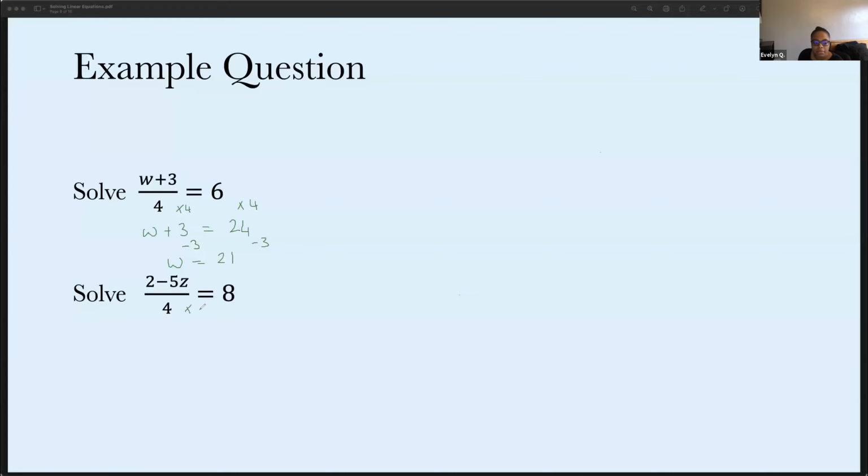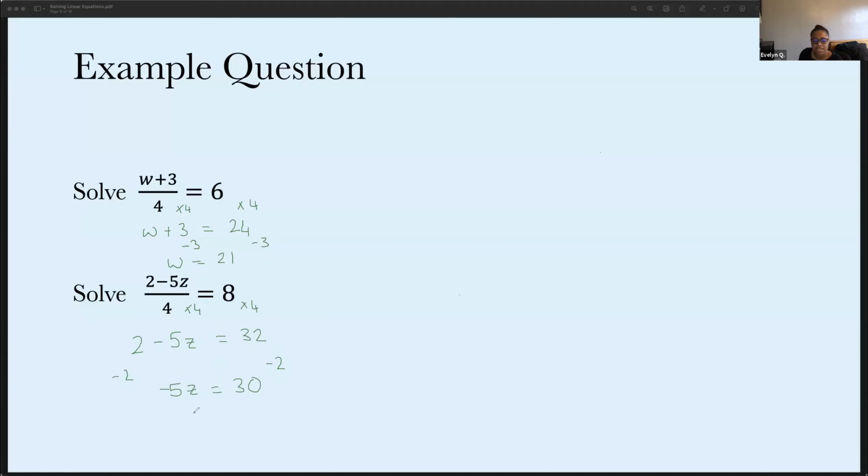We're going to multiply by 4 again on both sides because we're dividing by 4 on one side. So we've got 2 minus 5z equals 8 times 4. 8 times 4 is 32. Then I'm going to get rid of that 2, so I'm going to subtract 2 on both sides. So I've got minus 5z equals 32 minus 2, which is 30.